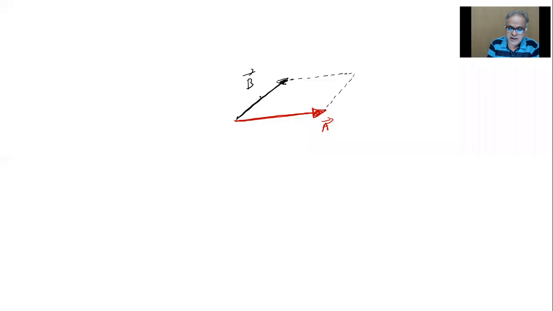You can parallel shift B here, parallel shift A there. So there's a plane forming with A and B. I'll say this is the plane. Now, when you are finding out the cross product of A and B, or A to B, in a way, let this angle be theta. You'll find that A cross B will be perpendicular to the plane like this. A new vector you'll get here.